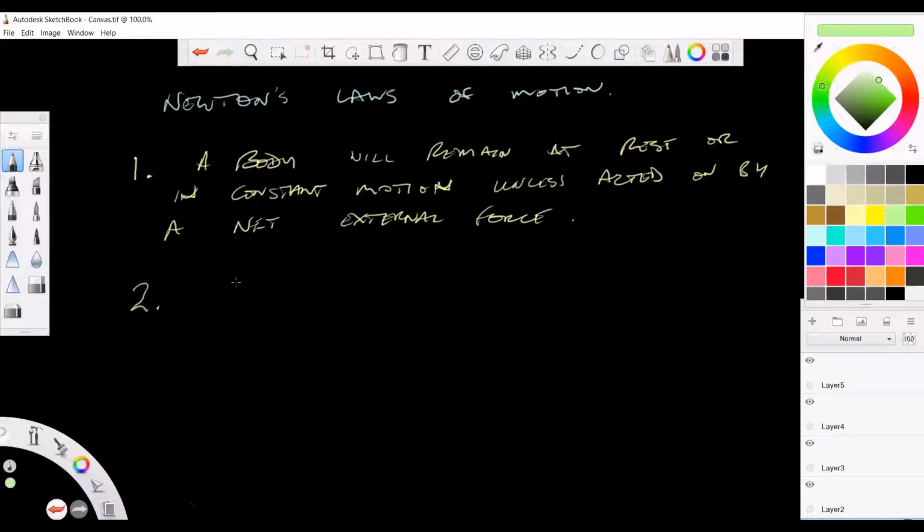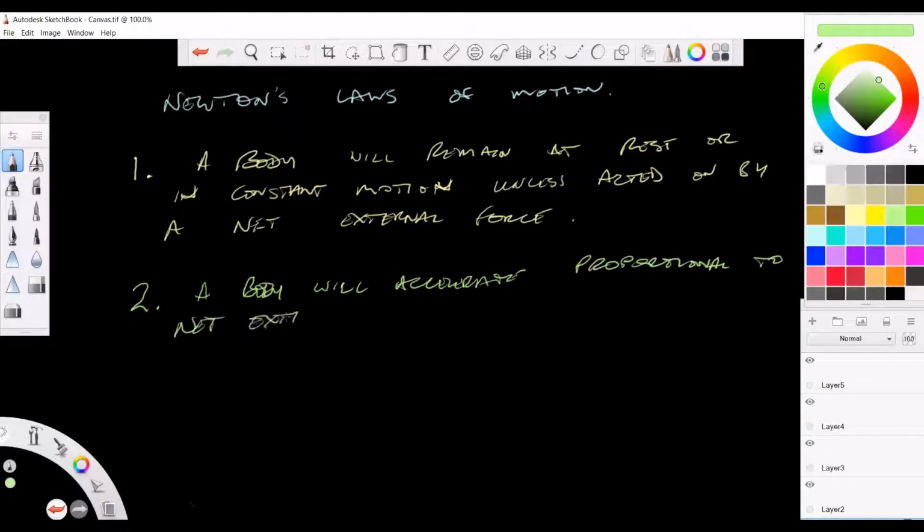Okay, so Newton's second law is that a body will accelerate proportional to net external force and inversely proportional to the mass.